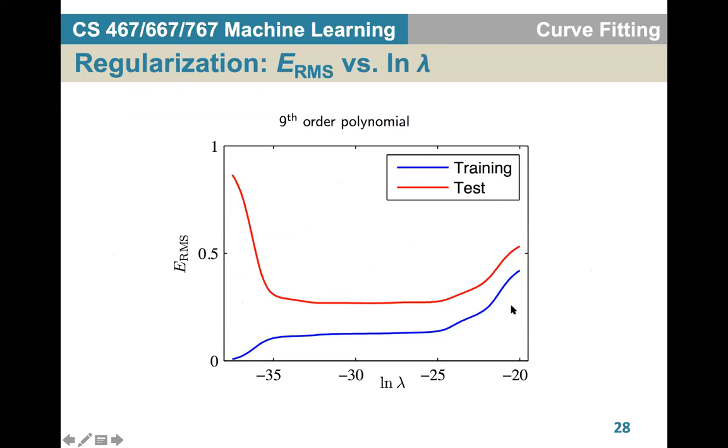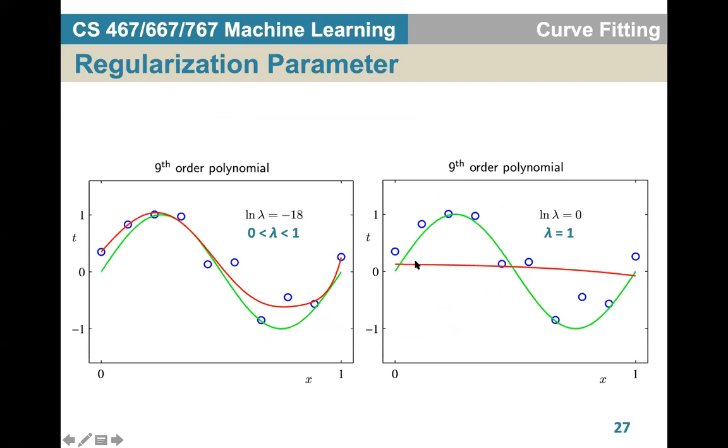But your test error will decrease initially, because it generalizes better because of the introduction of the regularization factor, the second term. But gradually, if you go too much, it will increase. For example, if you go too much, flatten everything, then these errors go back to big.